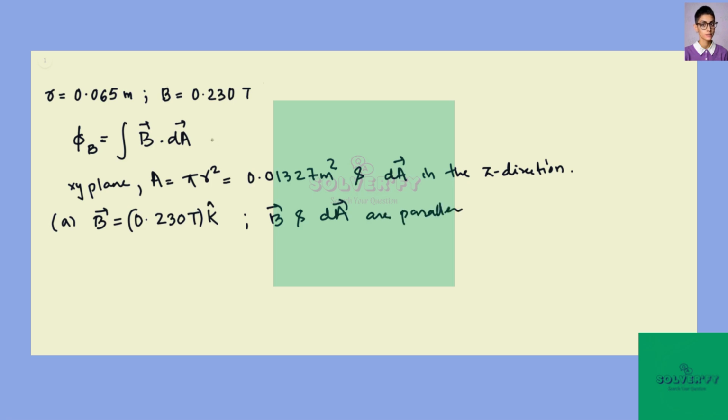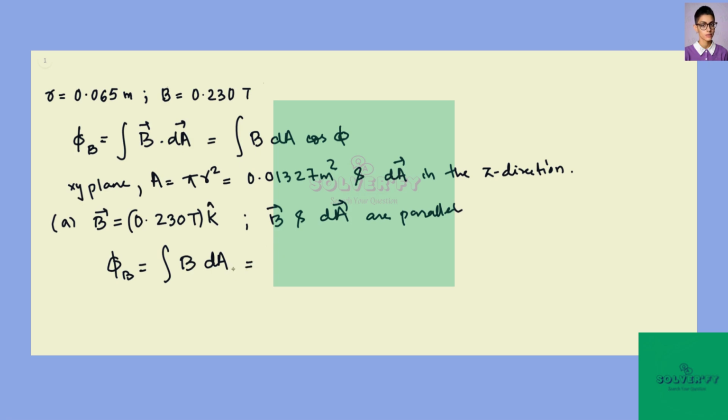And we know that the dot product is given by the magnitude of both the vectors times cosine of the angle between them. So when these two are parallel, as in the first case, phi is 0. So phi B will just be the integration over the magnetic field times a small area.